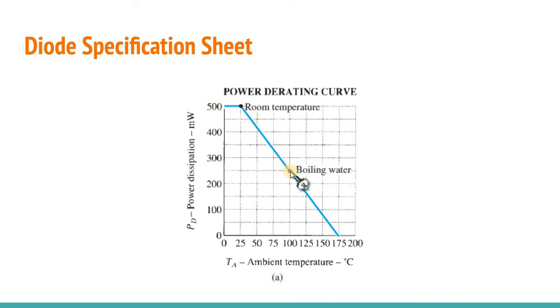So when the temperature is 100 degrees Celsius, or the temperature of boiling water, ang power dissipation becomes 250 milliwatts. Okay, that is the power rating curve na data.